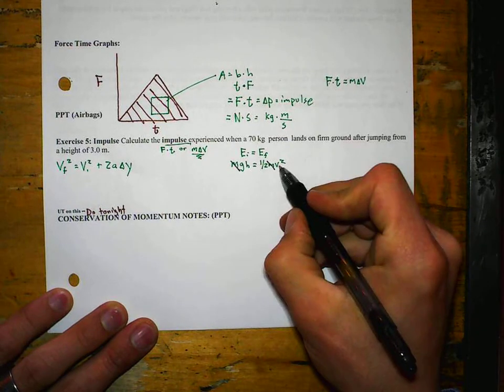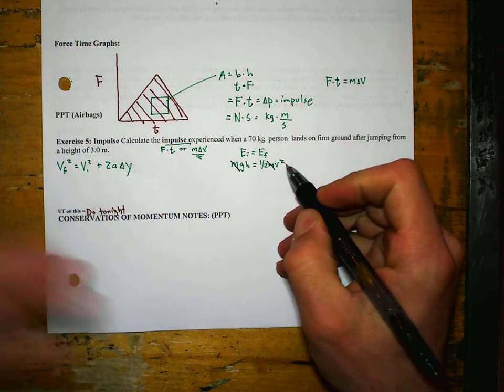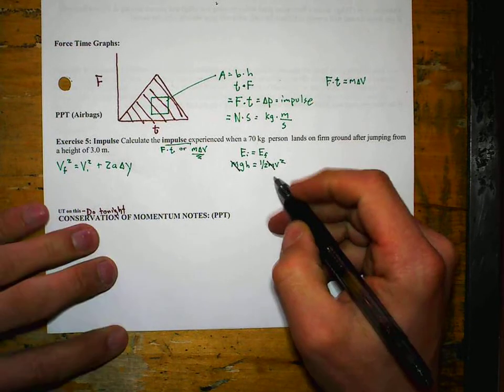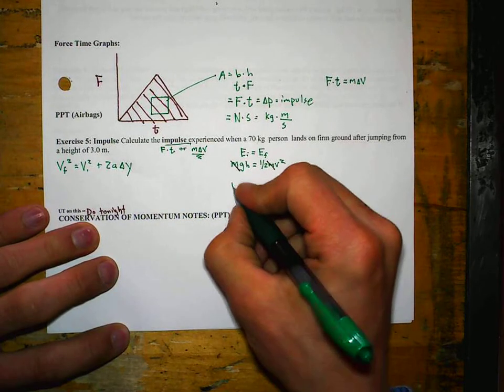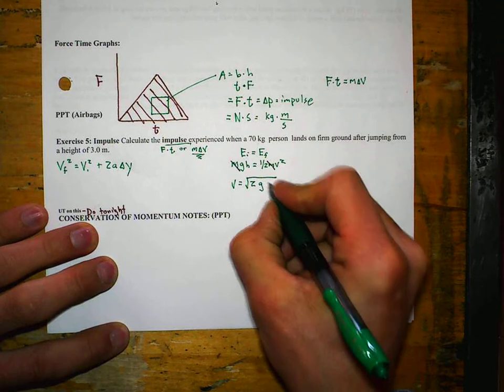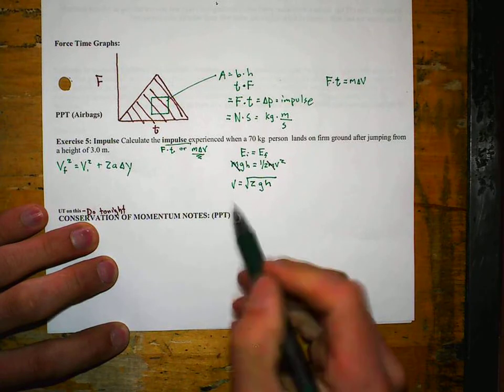This is going to be the speed they hit the ground with. And yes, that speed is going to 0 during the impact portion too. If we rearrange for it, we get velocity is equal to the square root of 2gh. That's just multiplying the half by 2 on each side and square rooting.